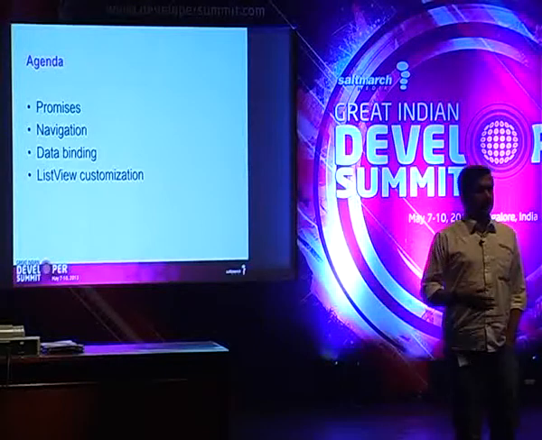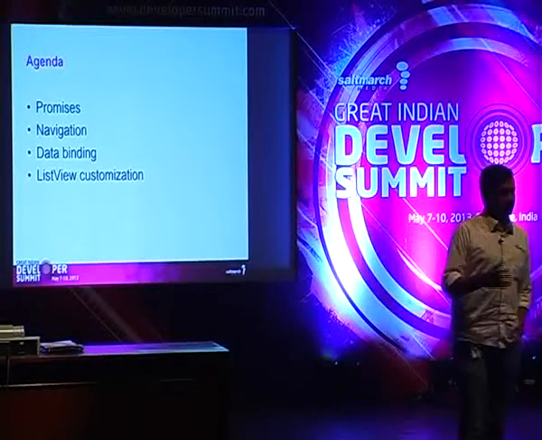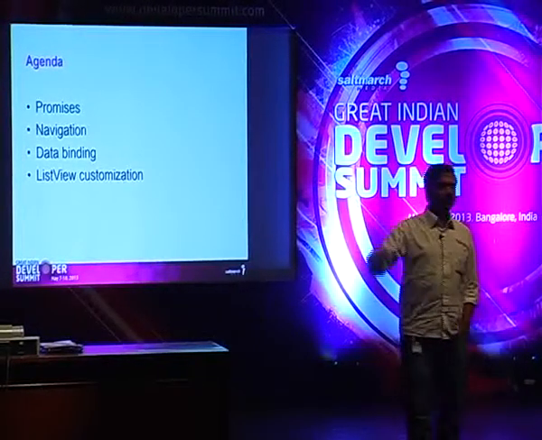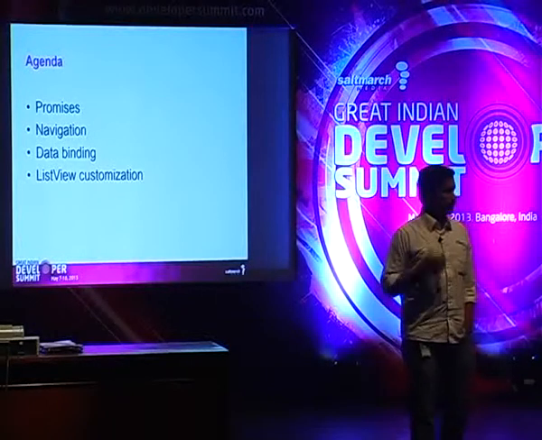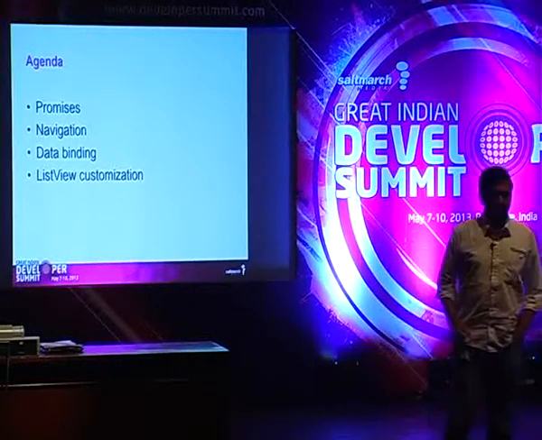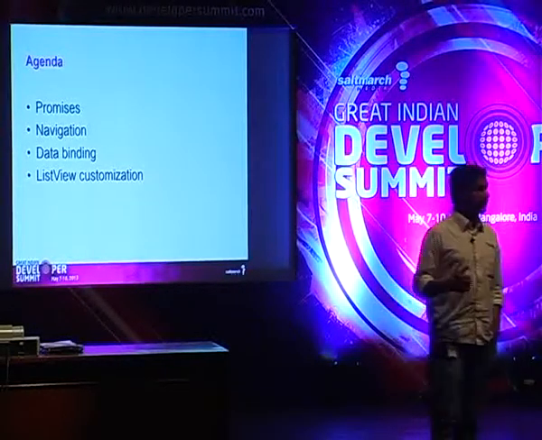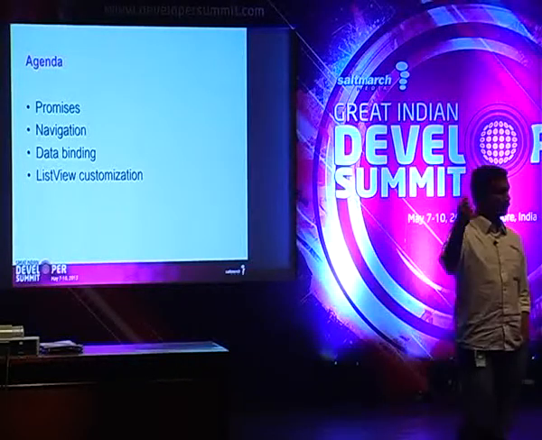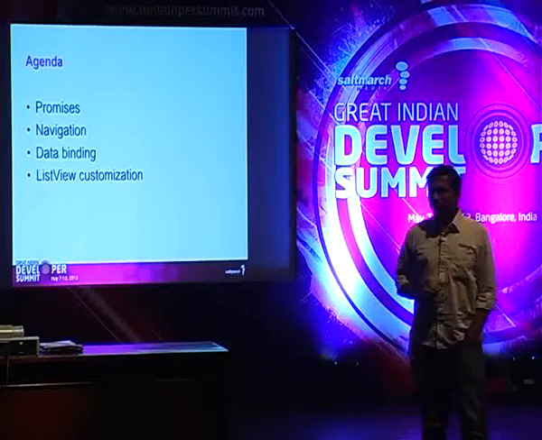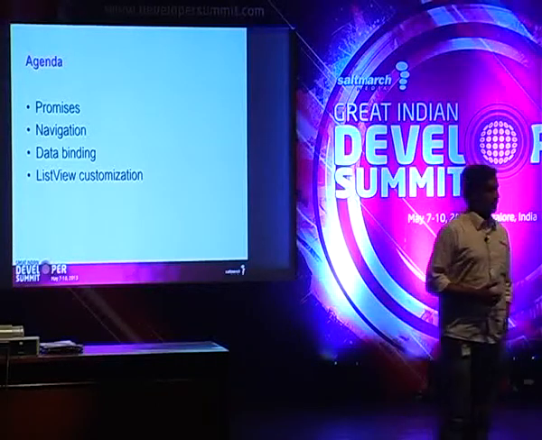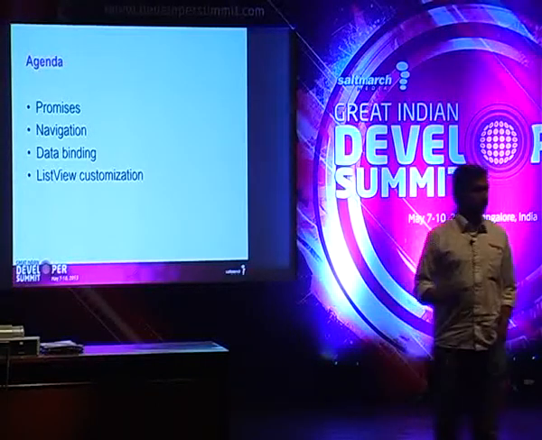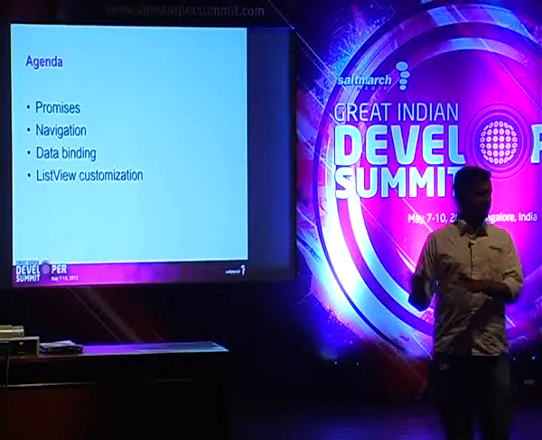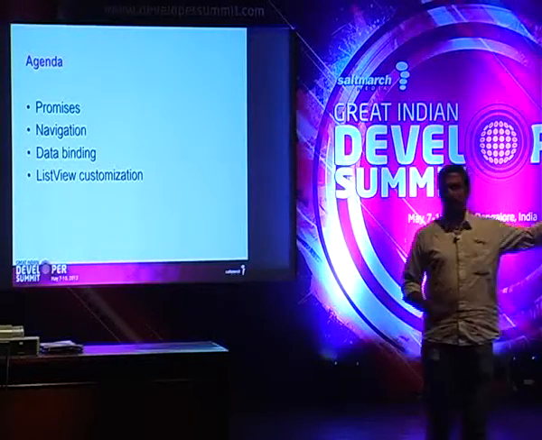So we want applications to be responsive all the time. Even if it's doing something CPU intensive or IO intensive, the app should still be responsive. I should be able to do things with it. So in Windows Store, pretty much any operation which is an IO operation, like making a network call or making a call to the file system, or anything that is CPU intensive, like some complex mathematical computation that takes time, all of that should happen in a background thread.